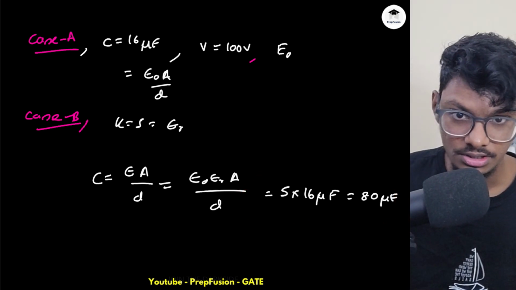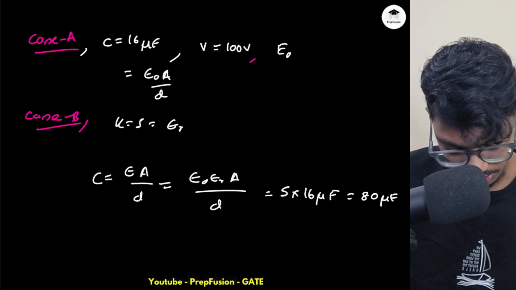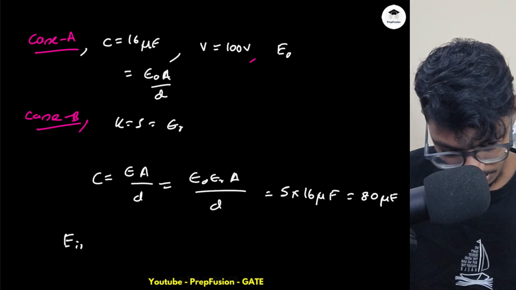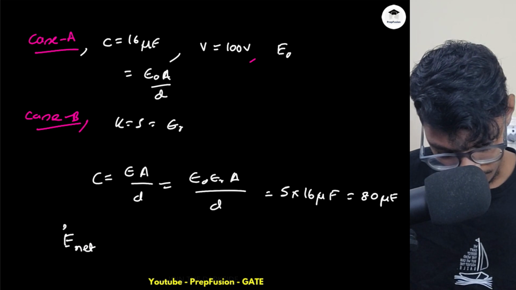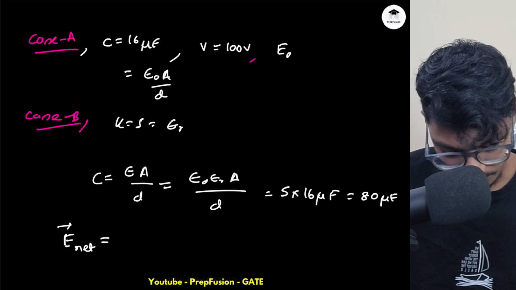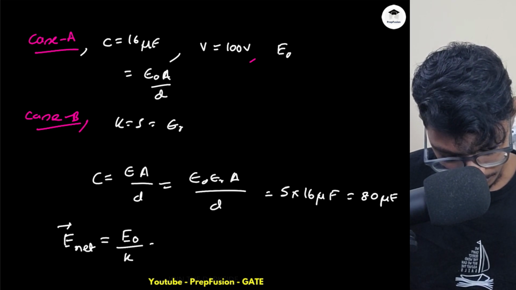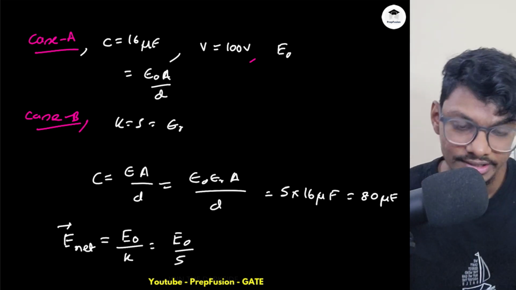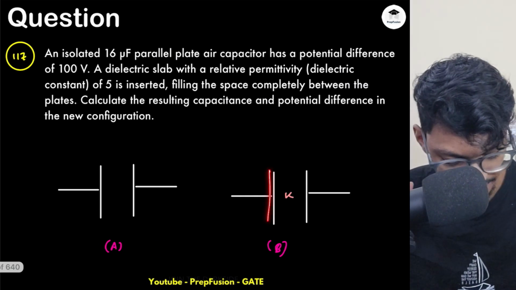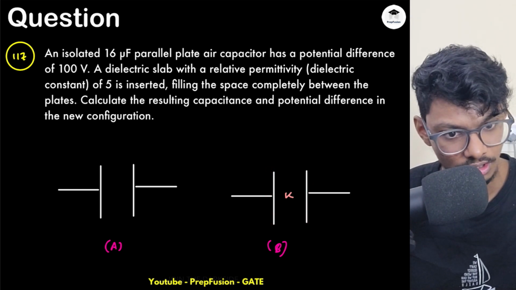What about the potential difference? What is the electric field inside the dielectric? It will become E0 divided by K, so the initial electric field divided by 5. Now one interesting fact you have to understand: the potential difference between the two plates is 100 volts, and that won't change.